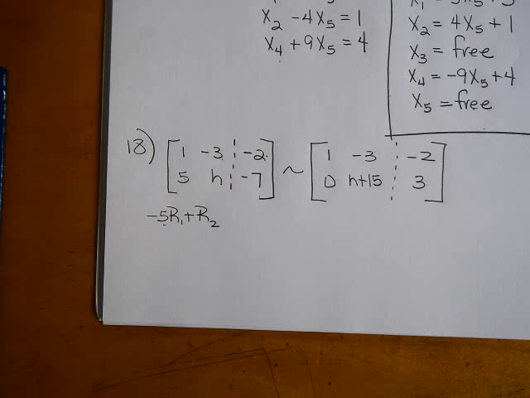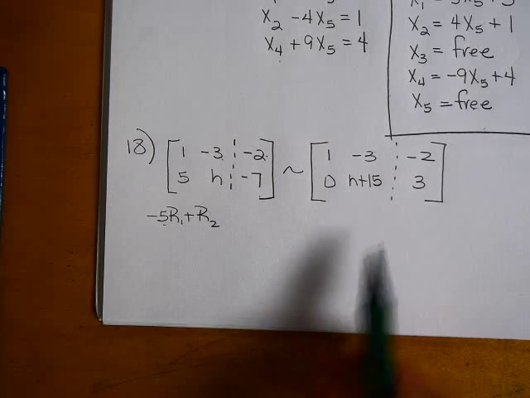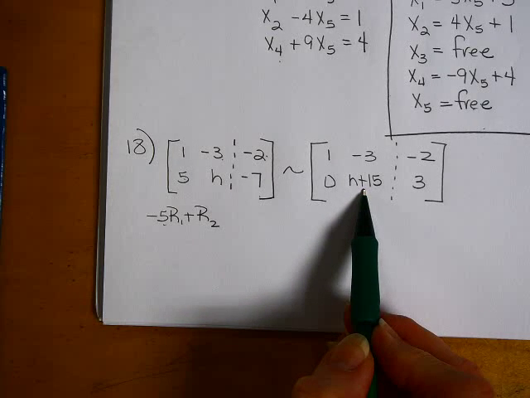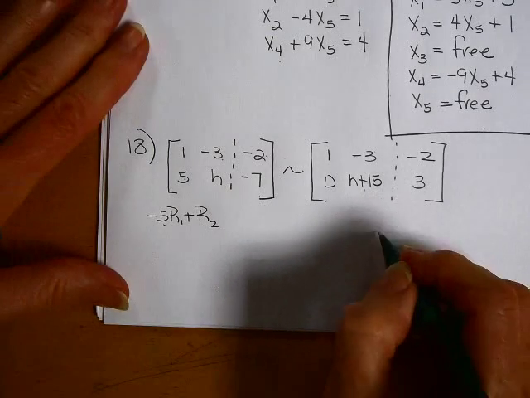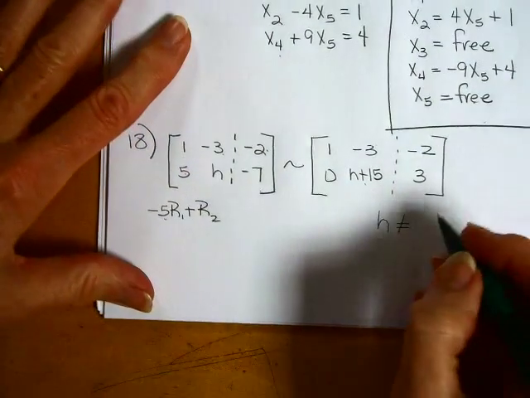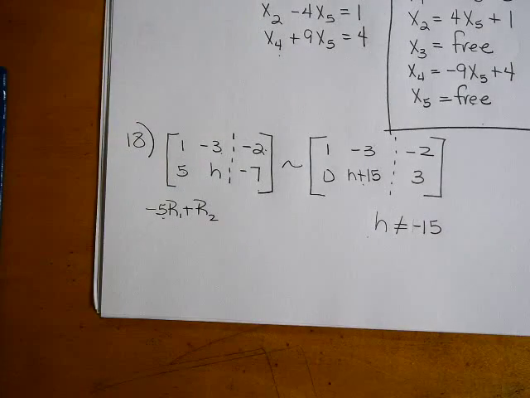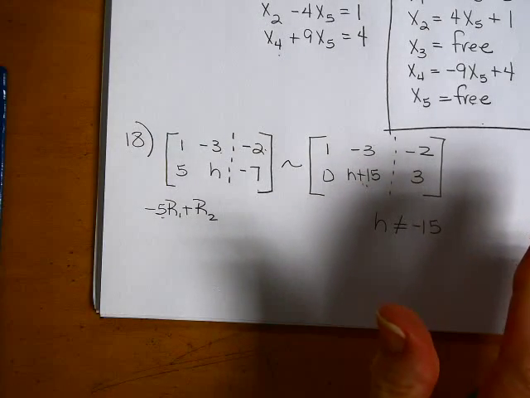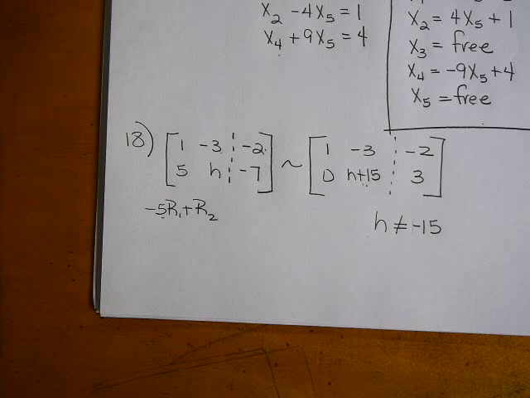Any ideas? What can't happen on this bottom row? Right, it can't be negative 15. So H is not negative 15. As long as that place value is not a 0, this is consistent. So H can't be negative 15.